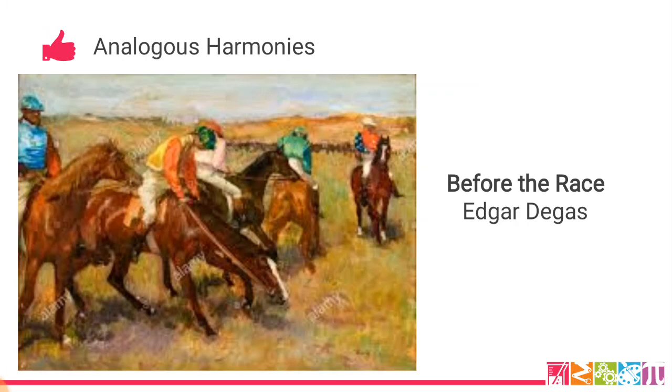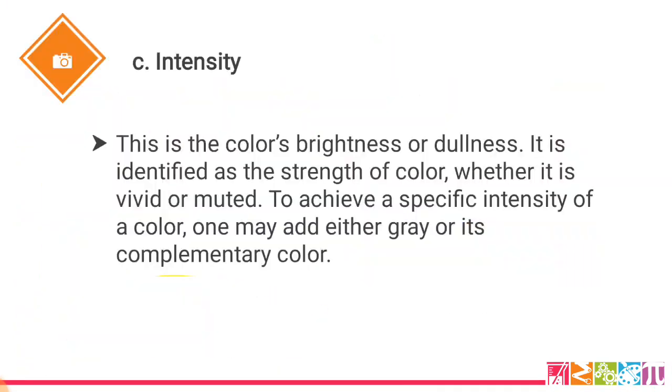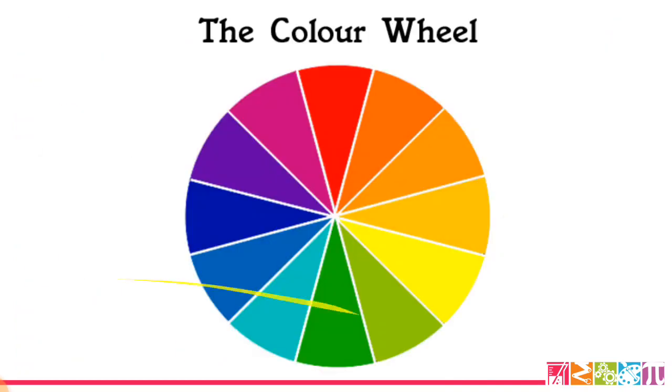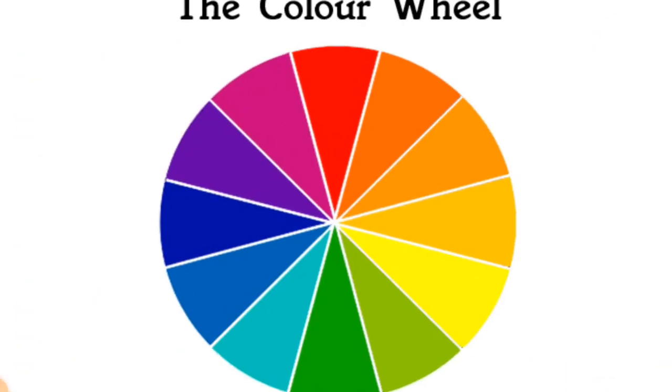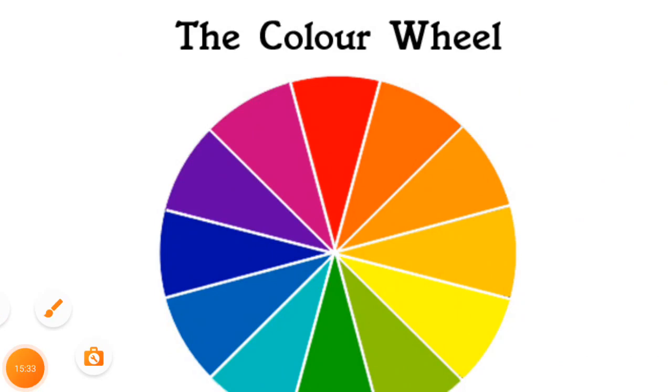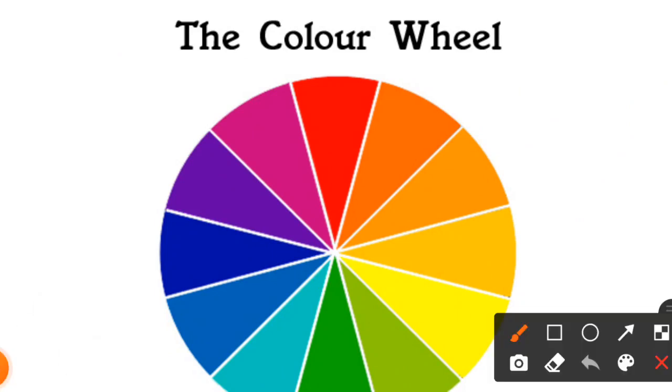And we also have analogous harmonies. Here in analogous harmonies, of course, let's go back again to our color wheel. So here in analogous, when we talk about analogous harmonies, ito yung magkakatabi sa ating color wheel. Ano ba yung mga kulay na magkakatabi sa ating color wheel?